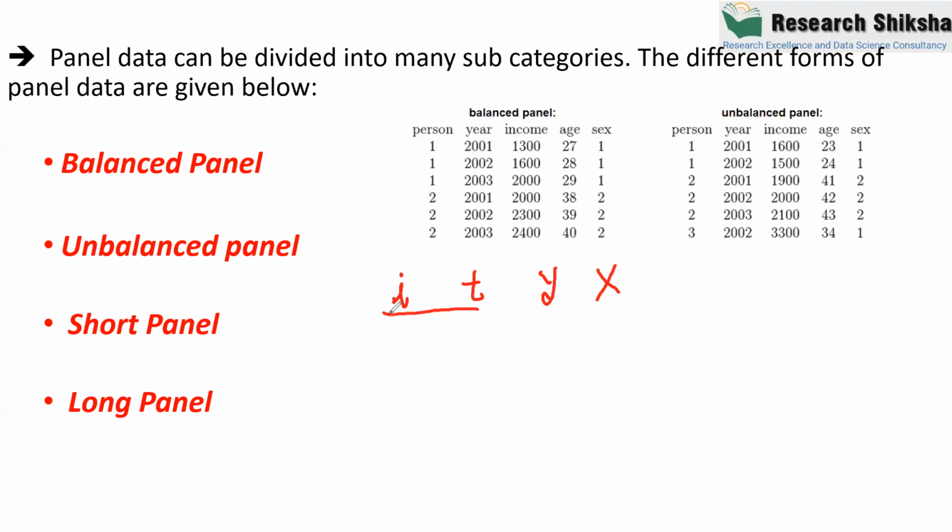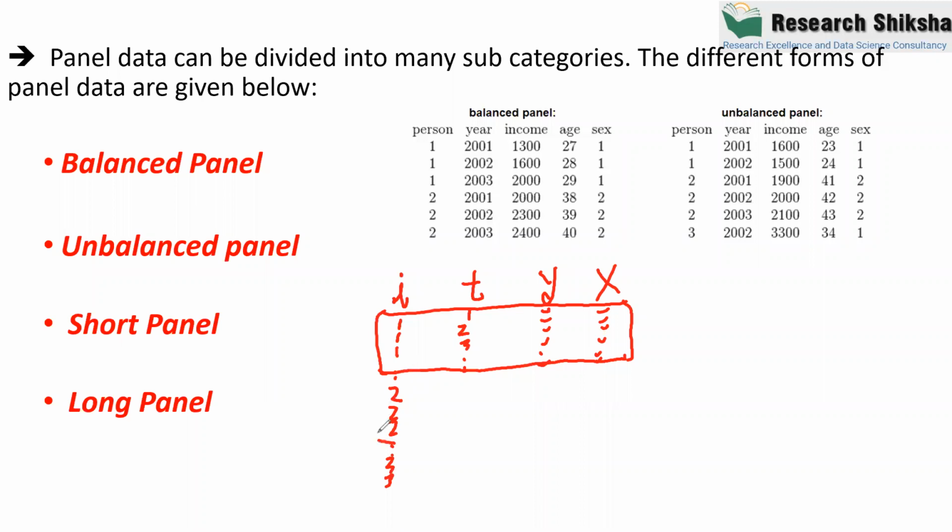Suppose we have the data of 20 companies, so we will write 1, then 2, 3. So 1 means we have the data of the first company, time period 1, 2, 3, and so on, then the value of Y and the value of X. So this portion indicates the data of the first company for 10 years for the Y value and X value.